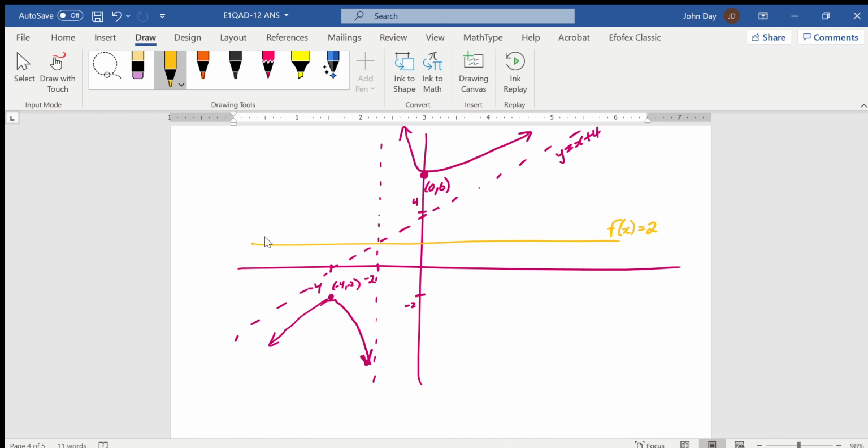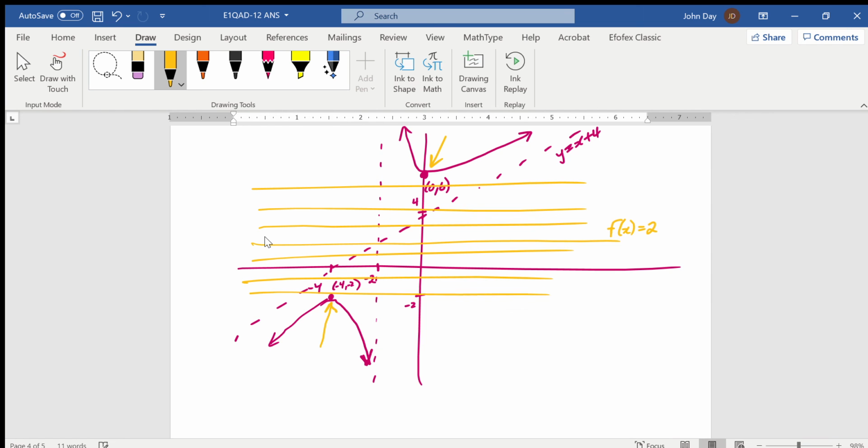That's y equals 2, a horizontal line like all of the f(x) equals k's, but that doesn't cut through the graph at all, because the graph has a maximum turning point down here but a minimum turning point here.